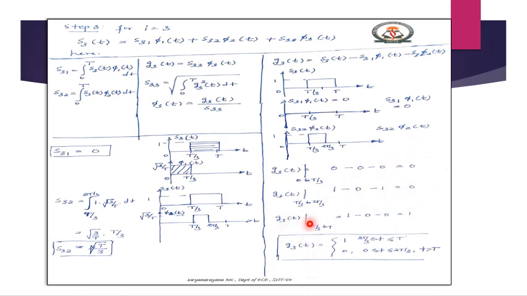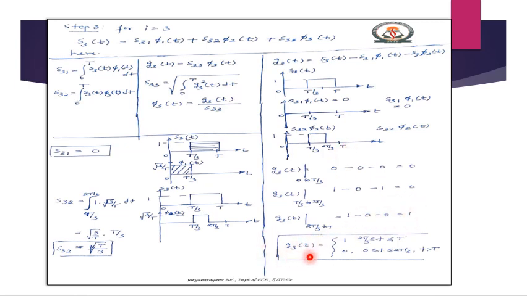And similarly g3 of t when t ranges from 2T by 3 to T, here it is 1. So it is 1, and the second is 0, which we already wrote as 0. And from here 2T by 3 to T it is 0, so the final value will be 1.